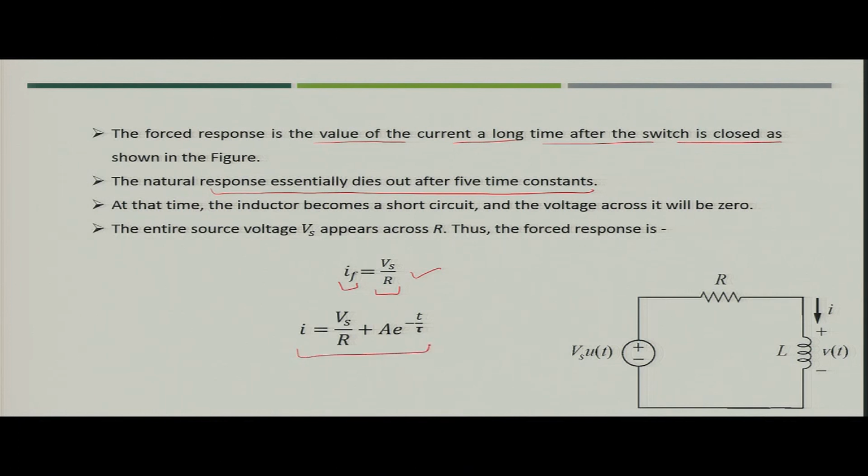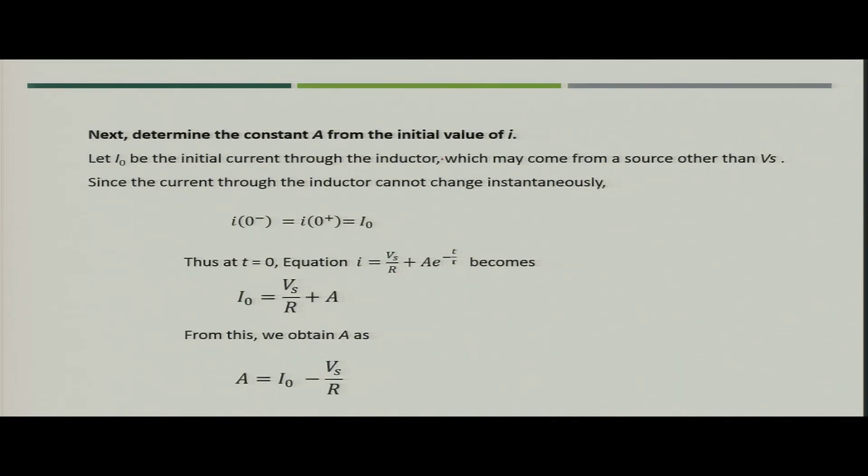So, what you can write now is I is nothing but If plus In. So, this will become Vs by R plus A into e to the power minus t by tau. Now, next we have to find the value of constant A. Let us assume that I naught is the initial current flowing through the inductor.